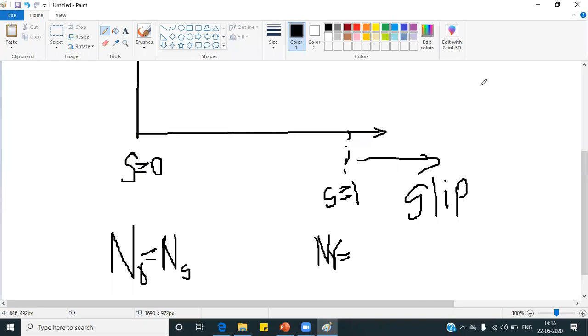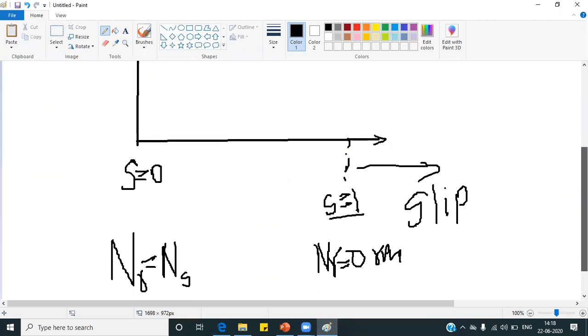Now when slip is equal to 1, what is the value of NR? That is 0 RPM. So this thing you understood, right?